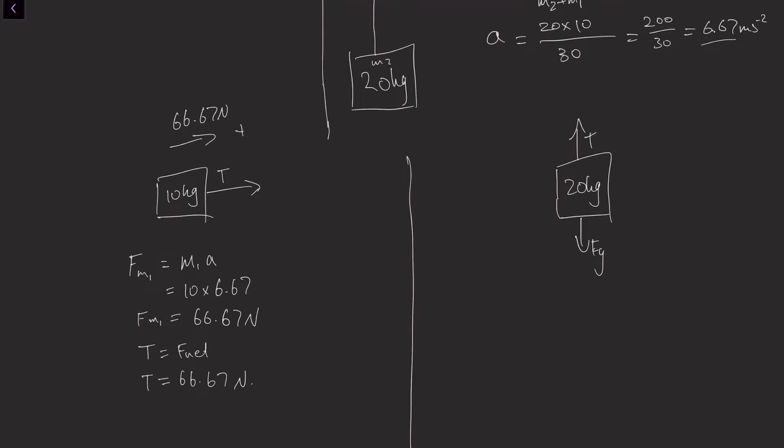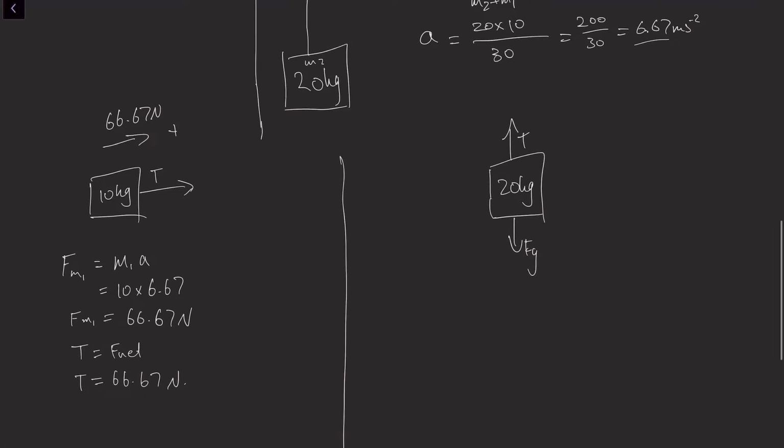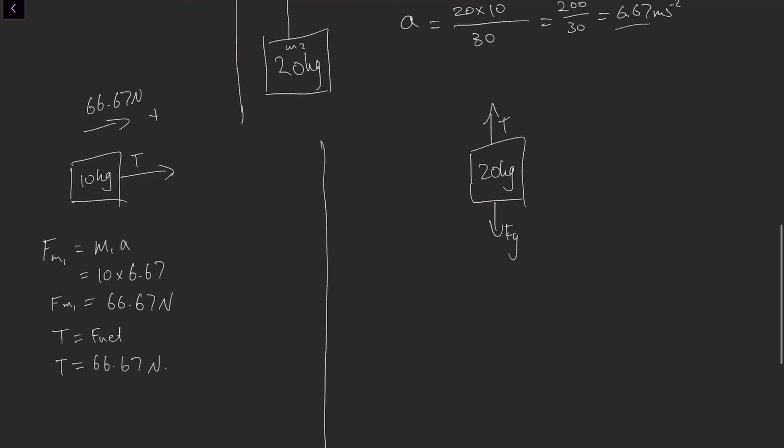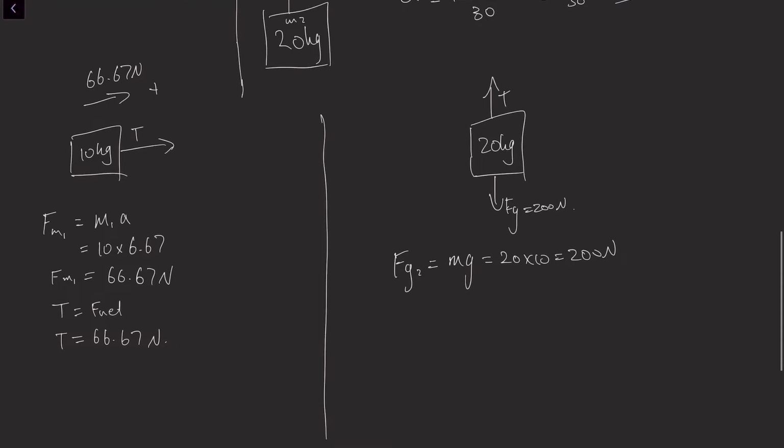But we have a second free body diagram that we haven't tackled yet. So we should be able to get tension to equal 66.67 using the second block over here as well. Good. So the force due to gravity for this block is just the weight of this block, which is 20 times 10 equals 200 newtons. That's the weight. Good. The net force that this block experiences is m2 times acceleration.